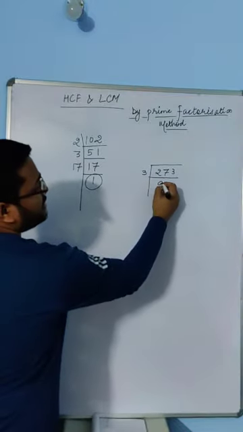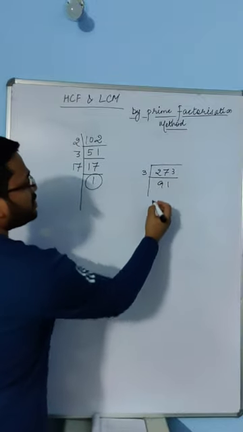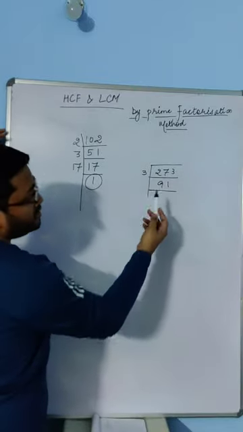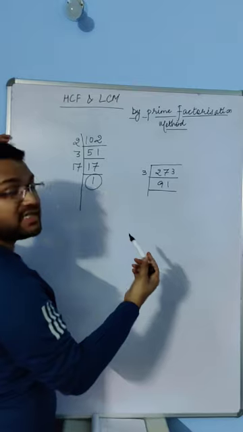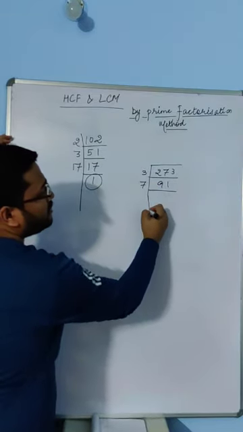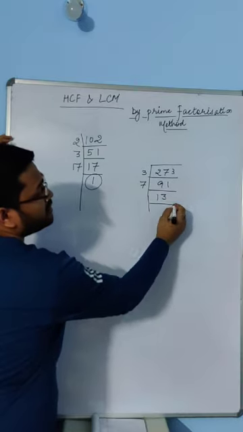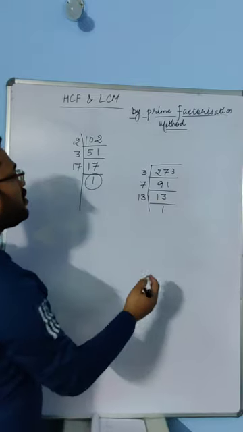If I divide 273 by 3, I get 91 as a quotient. Now 91 is not divisible by 3, not divisible by 5 either, but it is divisible by 7. So when I divide it by 7, it goes 13 times.